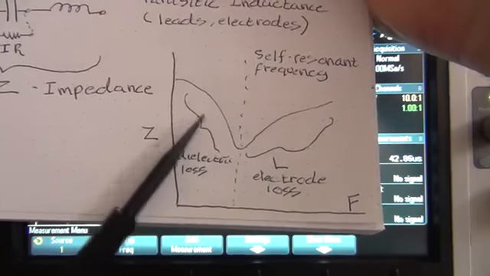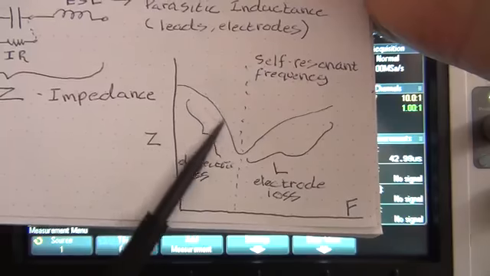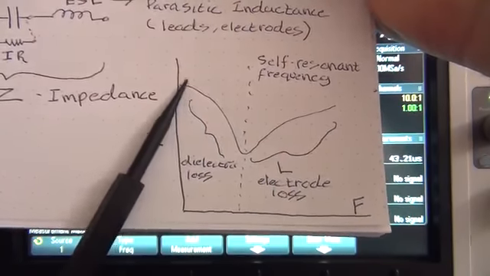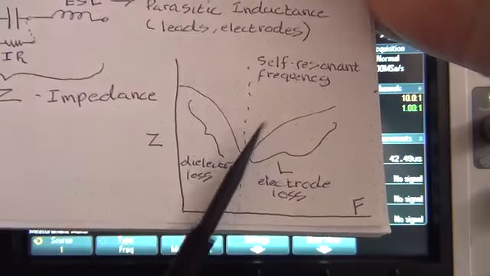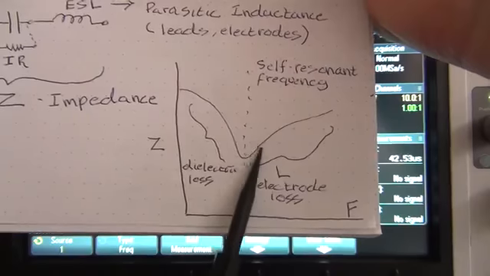Now, as I said, you do get some very fancy LCR meters which will actually graph the response curve of a capacitor, but they cost a lot of money. But you can see the effect of what's going on depending on where we are on this curve, and I suspect we're over here somewhere.